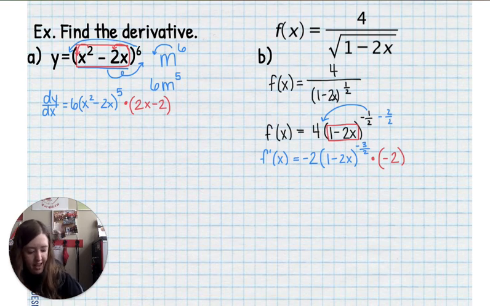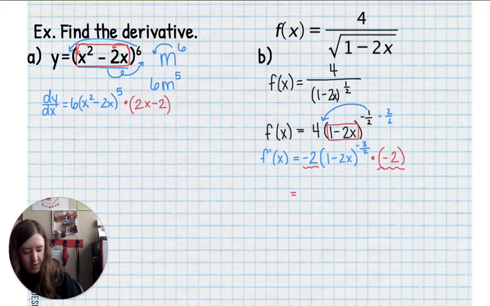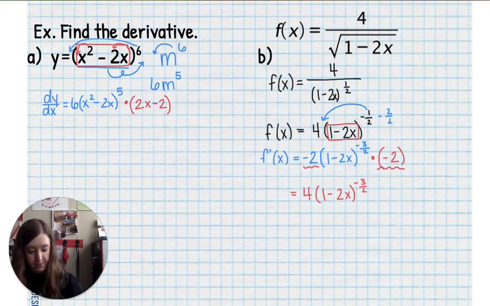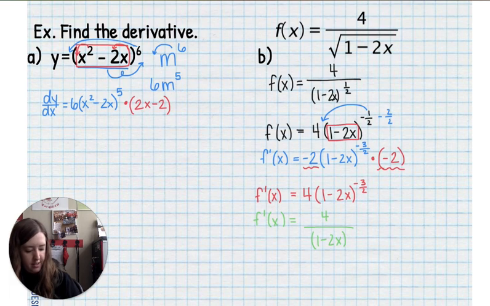So you can keep it like that, or we have negative 2 times negative 2 makes that positive 4. 1 minus 2x to the negative 3 halves. You could also write this as f prime of x equals 4 over 1 minus 2x to the 3 halves.